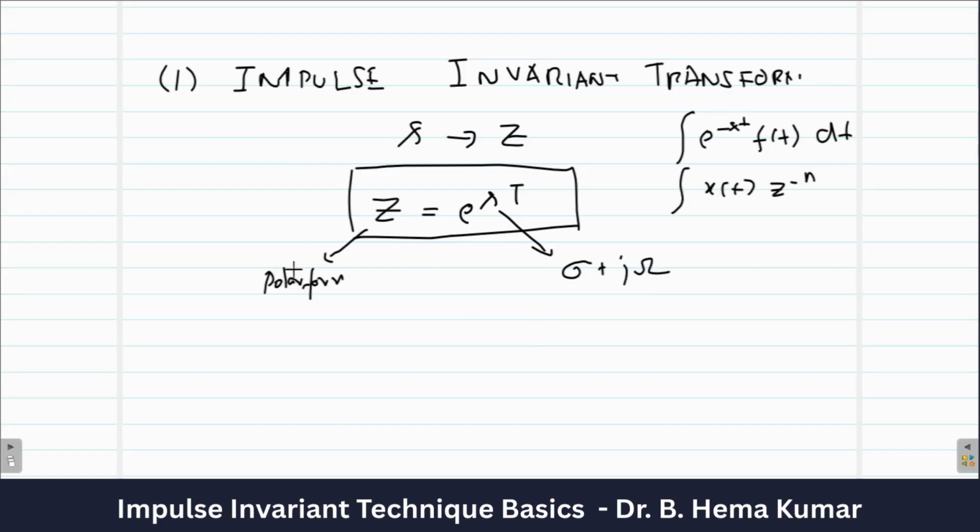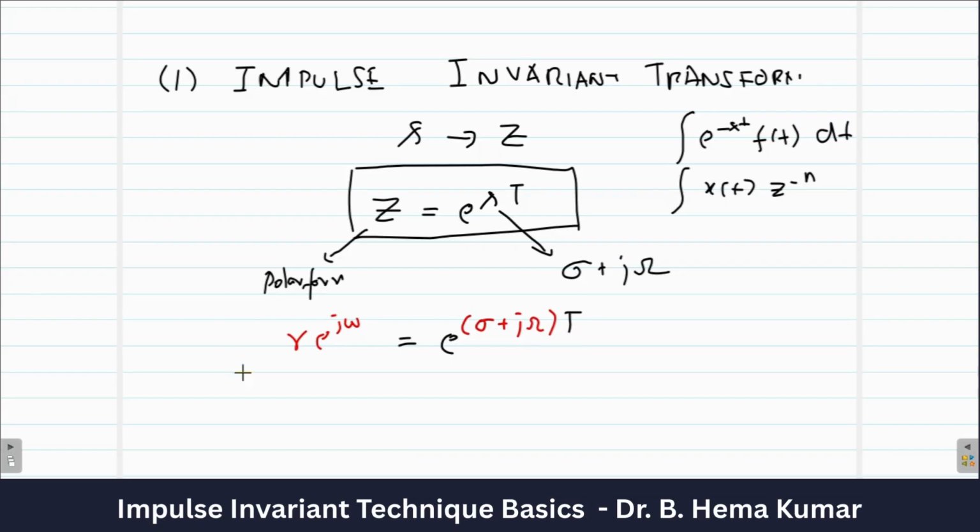So we express Z in polar form as r e power j omega, which is equal to e power sigma plus j omega, into T. T is the sampling time.